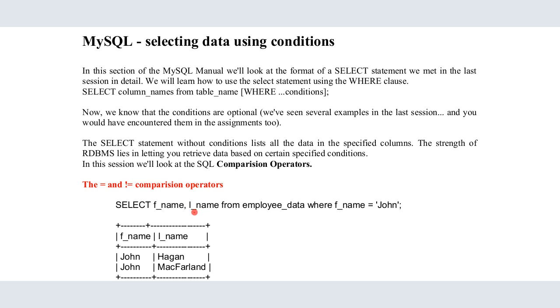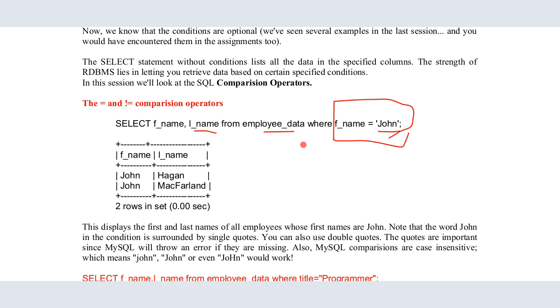We are picking the last name, and we are picking them from the employee data table with a condition that the first name must be John. Okay, and you check how the quotations have been made. It is because it was defined as a variable character.